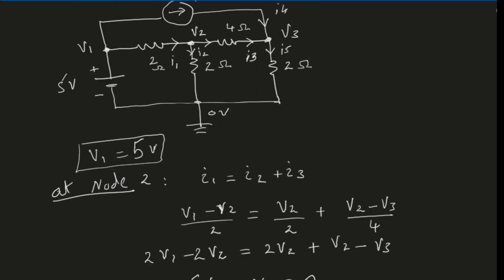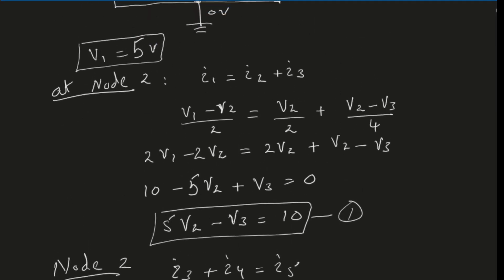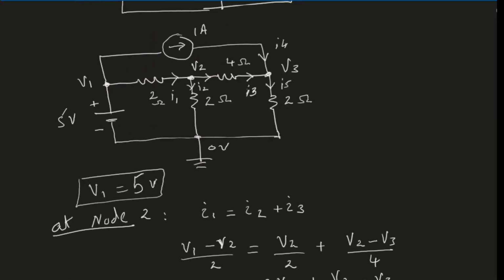Now let's apply KCL to node 3, and over there we have I3 plus I4 equals I5. I3 is equal to V2 minus V3. You see higher voltage minus lower voltage because the current is flowing towards the right.